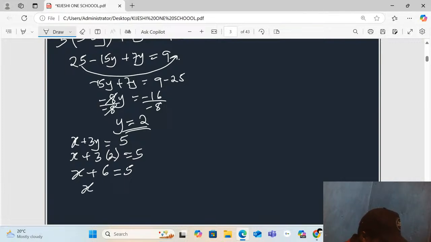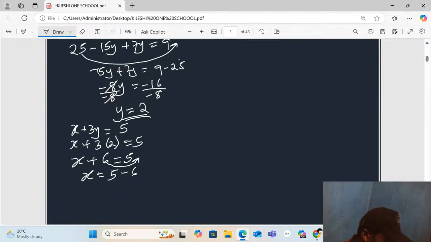Now x will be equal to 5 minus 6, since this 6 moves to the other side. The value of x finally becomes 5 minus 6, you get negative 1.